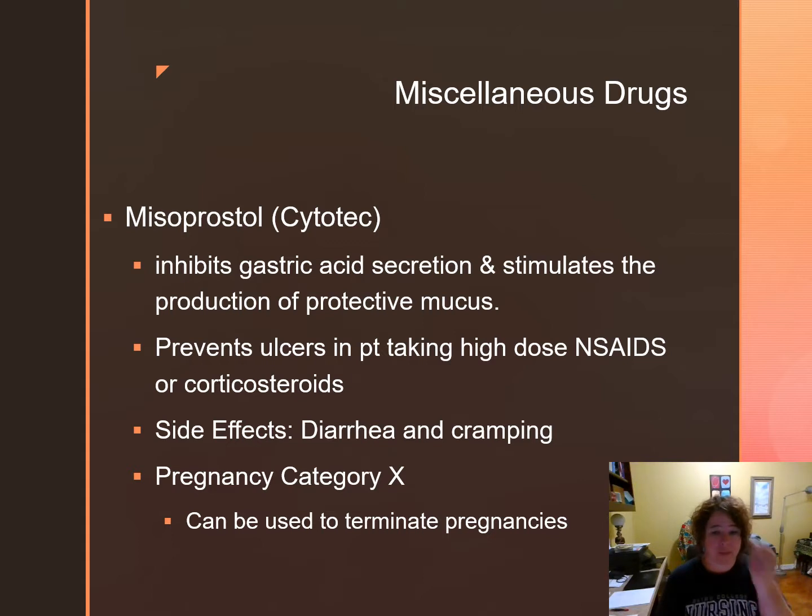We could have them take this medication PO, and it would cause their uterus to evacuate the products of conception. We use Cytotec in labor and delivery as a little pill or a little vaginal insert, and they'll put it up next to the cervix to make the cervix start to soften and get ready for delivery. So Cytotec has more than one use. In this instance, we're talking about it with peptic ulcer disease.